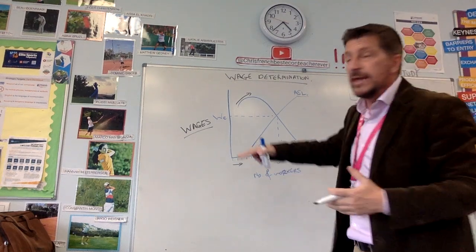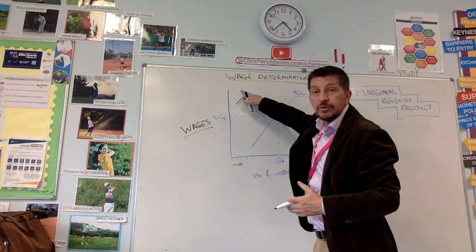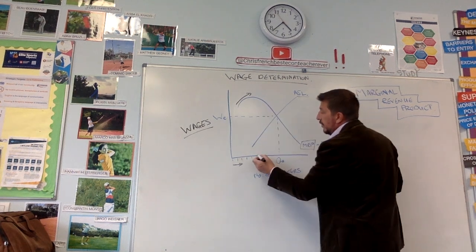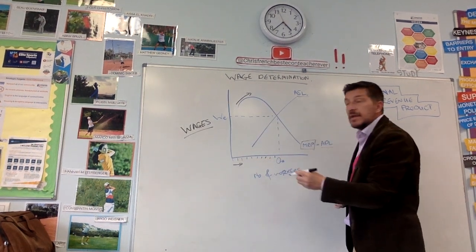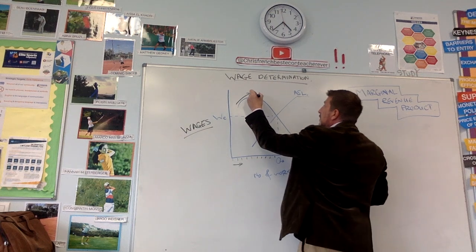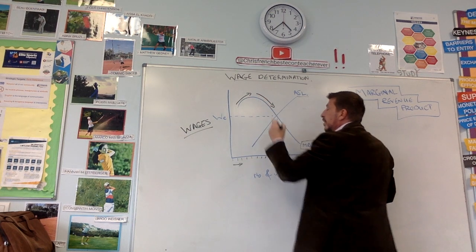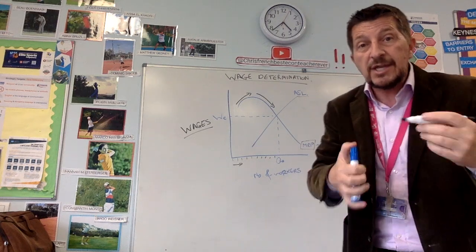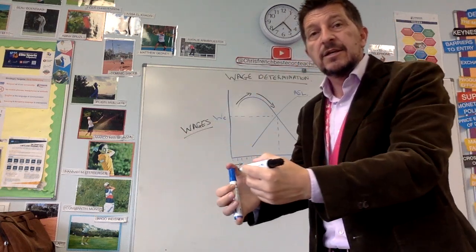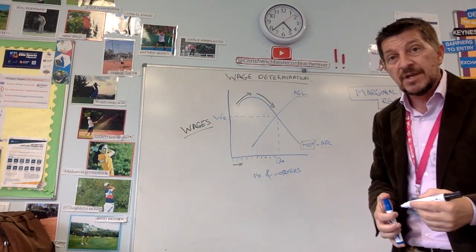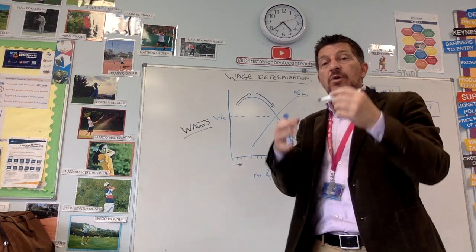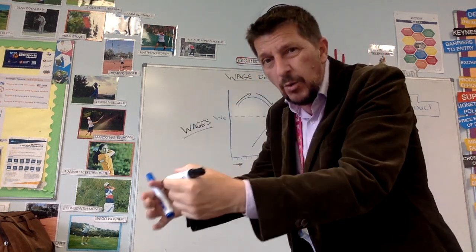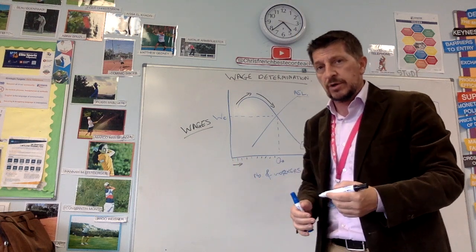And therefore, you'll be willing to pay them quite a high wage. But as time goes on and you grow and grow your business, then over time, the marginal revenue product that each individual worker adds gets less. And what that means is that you are willing and able to pay lower levels for those workers.